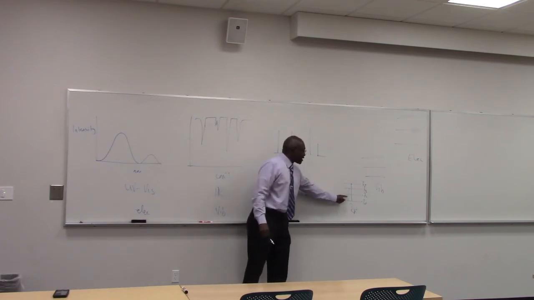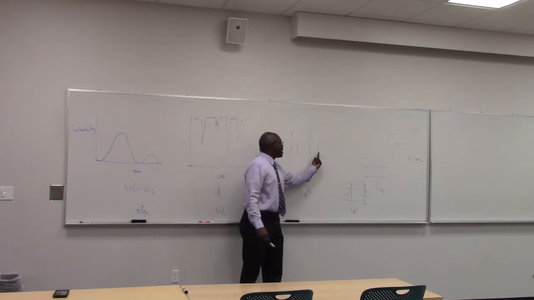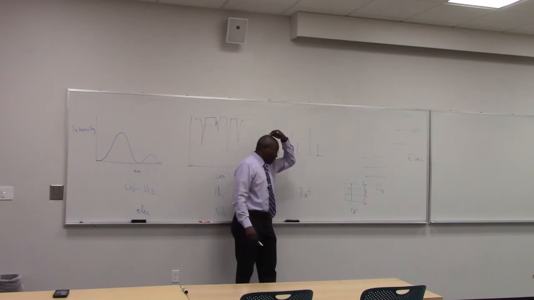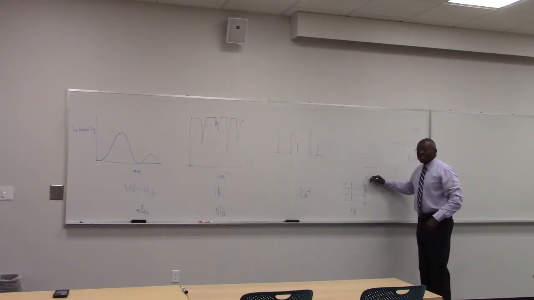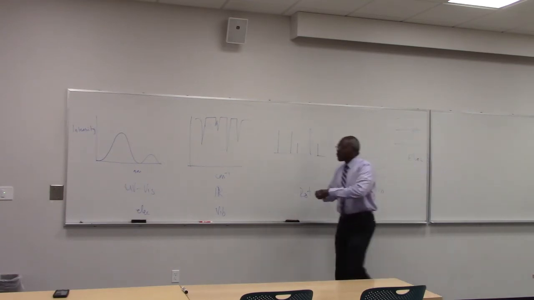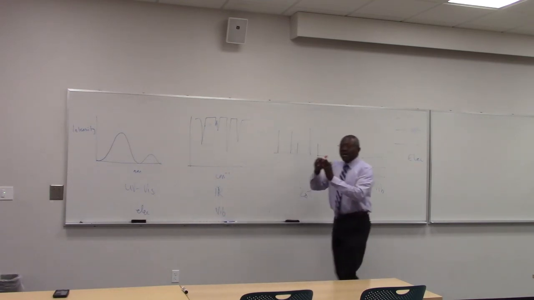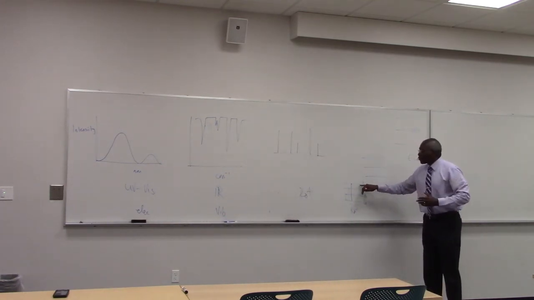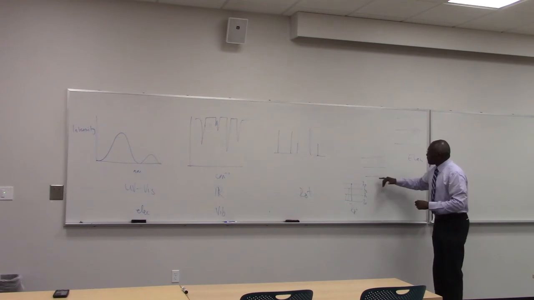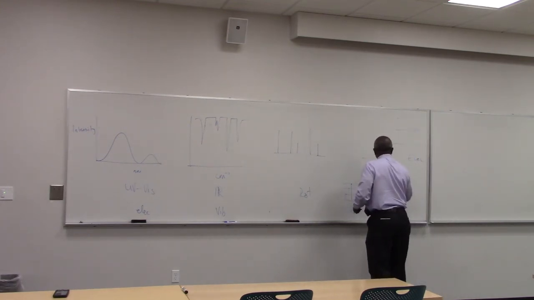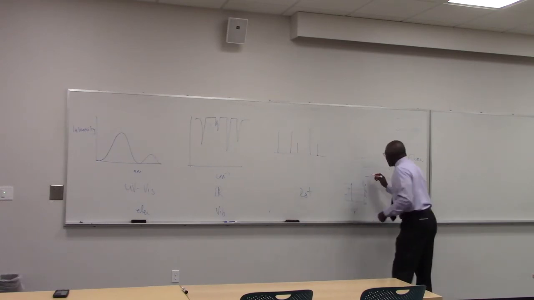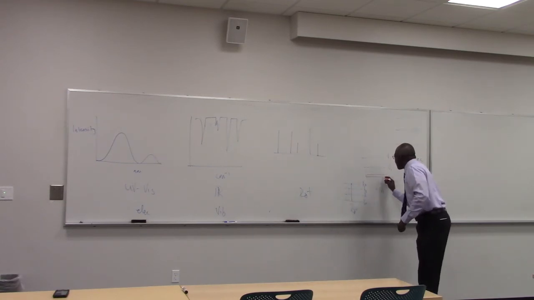But because these are discrete, I get discrete lines. Okay. What about vibration? Well, each vibrational energy level is now associated with an entire cluster of rotational energy levels. So V0 is really going to be associated with a series of R values.